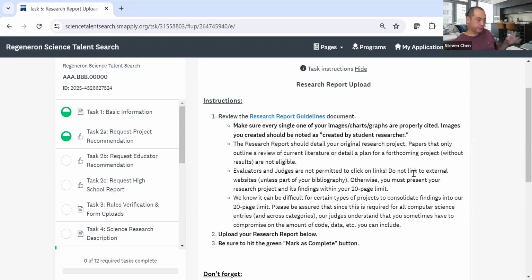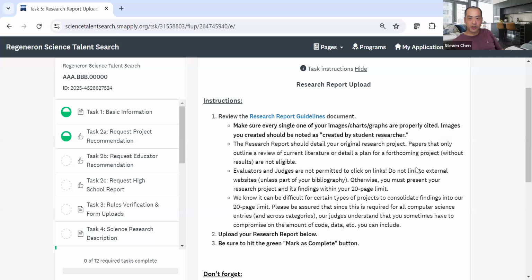The student actually used other people's images and made some simple manipulations, like rotation and flipping, right? So that is not good. For this year's Regeneron STS, they will check very, very seriously and carefully.